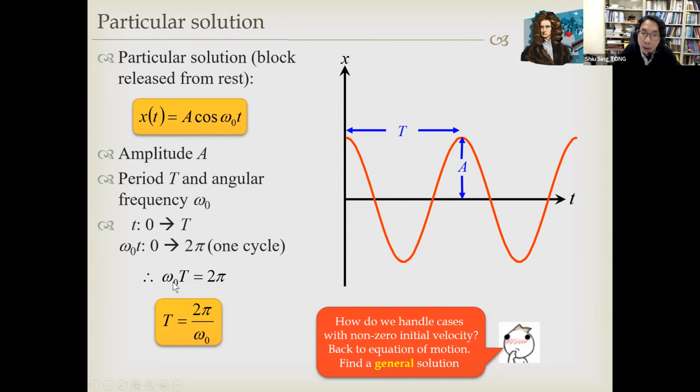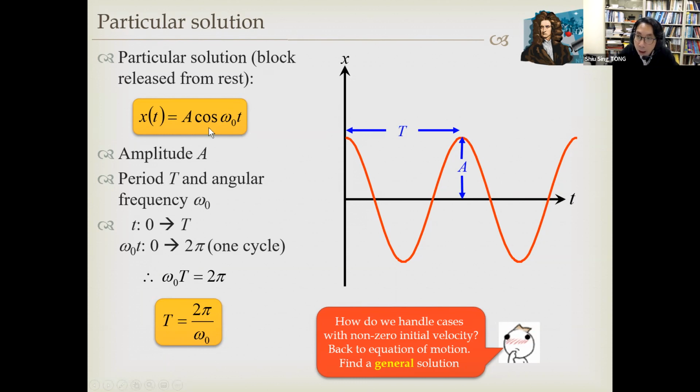And so omega naught capital T is equal to 2 pi, and the period T is just 2 pi over omega naught. Now this we have learned before. It's just the same as circular motion. If the circular motion has angular speed omega, then the corresponding period will be 2 pi over omega. And this is just the same relationship.